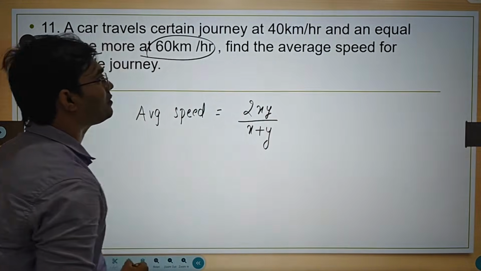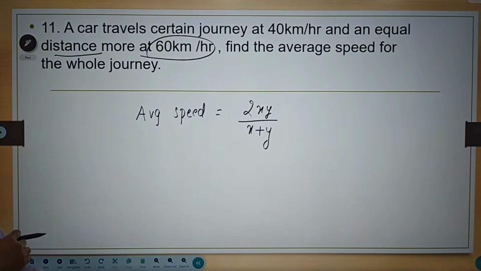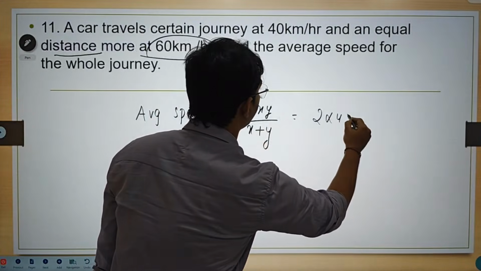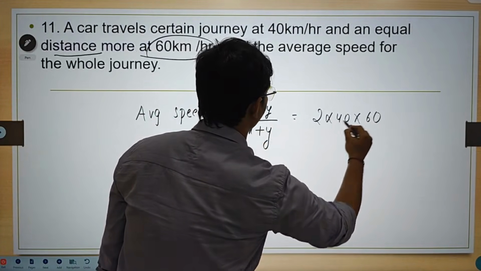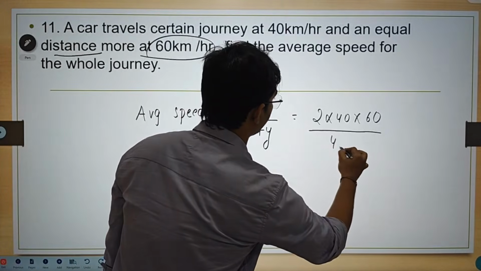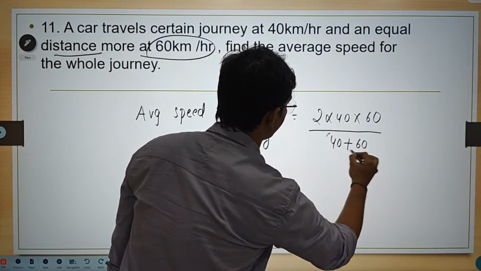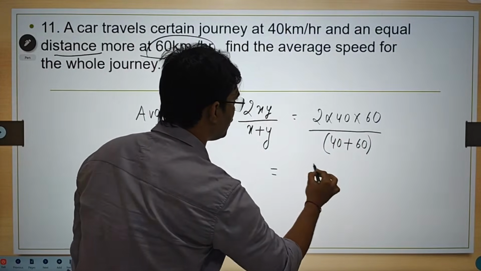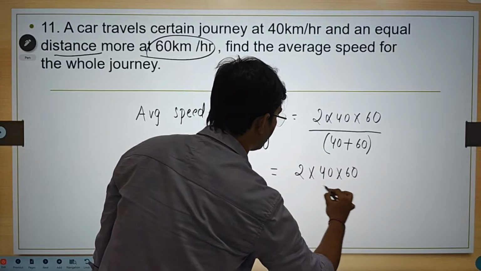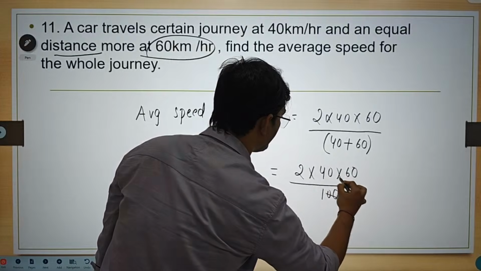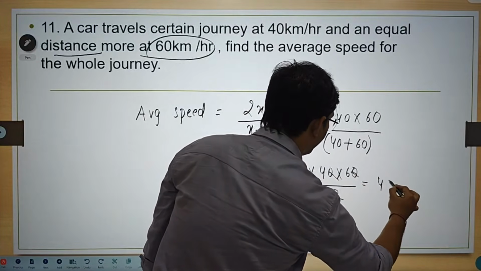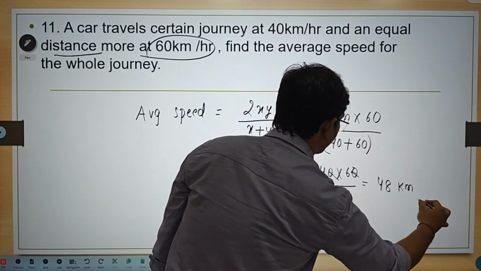What is x? x is the speed in the first case, y is the speed in the second case, which is 2 into 40 into 60 divided by 40 plus 60. What is the answer? 2 into 40 into 60 divided by 100, which is 48 kilometer per hour. Clear?